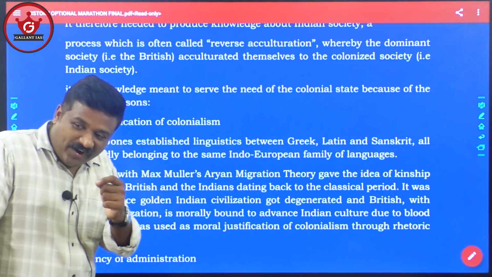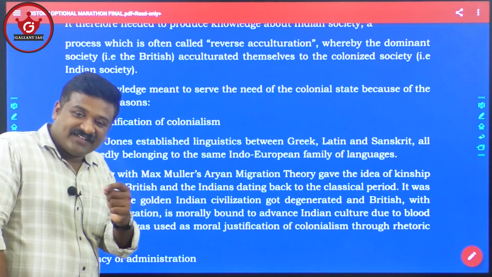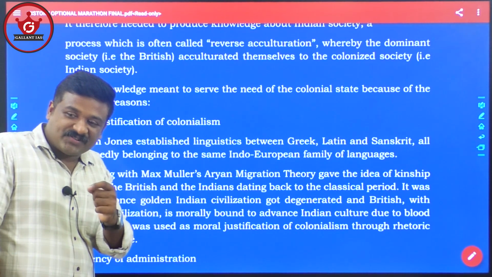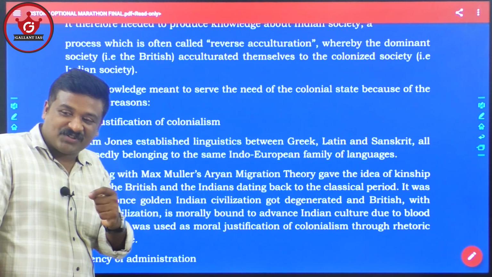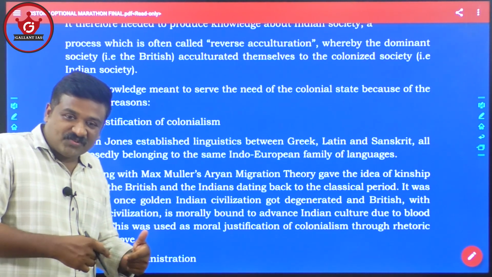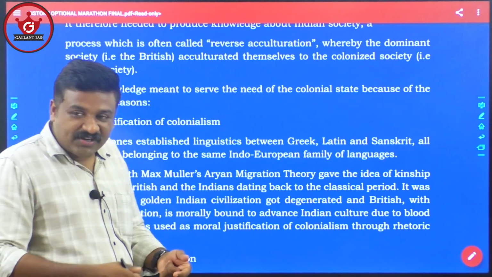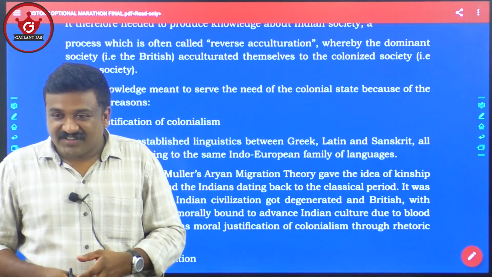Now, why this Orientalism? Orientalism is simple. They say it is the study and understanding of India's past, culture, legacy, language, social values, institutions, etc. And why do they study Indian language, literature, society? That is for better control over Indian administration.